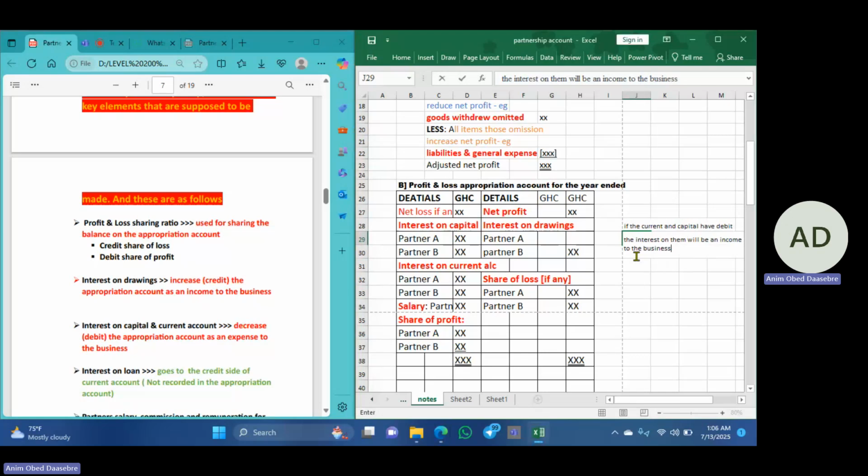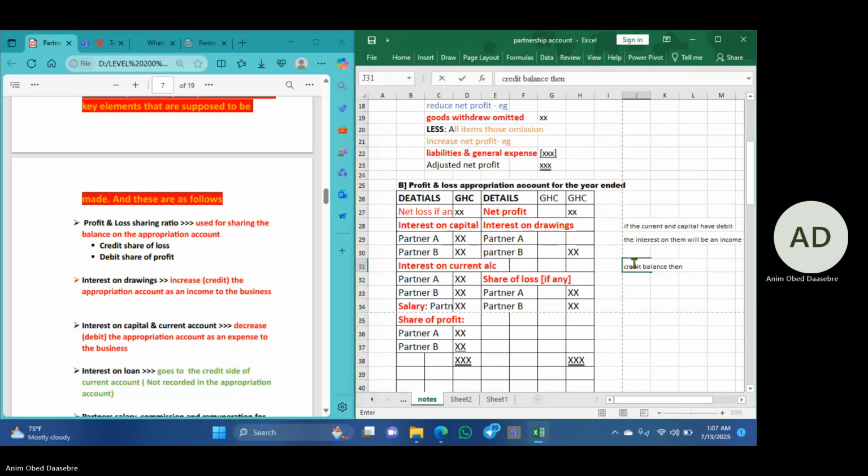So in that instance, the interest on it will be credited toward the appropriation accounts. But if, however, both accounts have credit balance, then the interest on it will be debited.